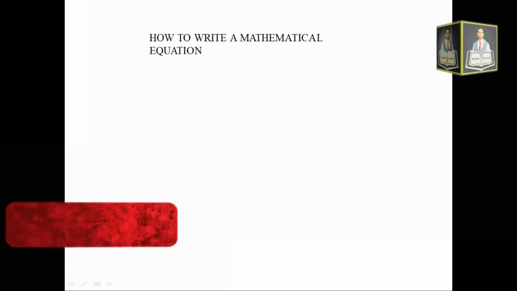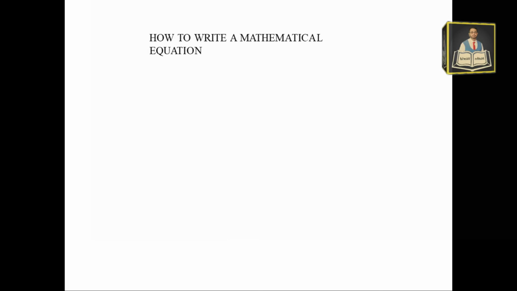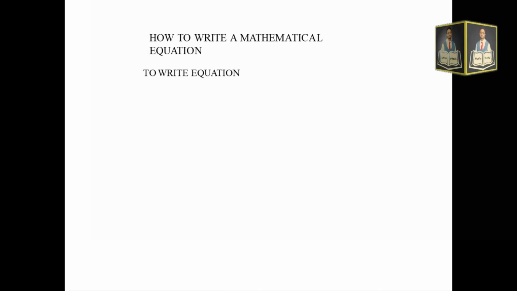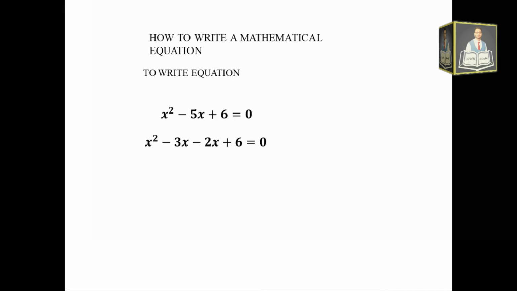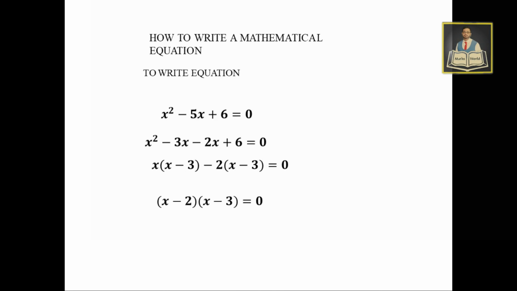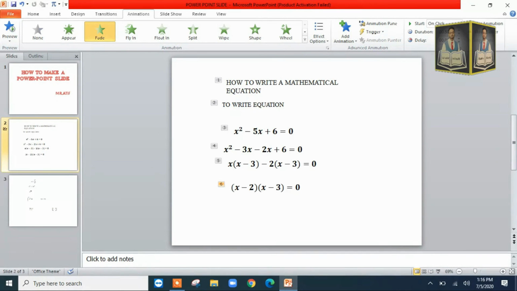So just right click or click below, so you can see your first step, how to write a mathematical equation, and the second step is to write the equation. The third step is to start with your mathematical equation. You can describe your steps one by one by clicking this. That is how to make some chaining in your animation.